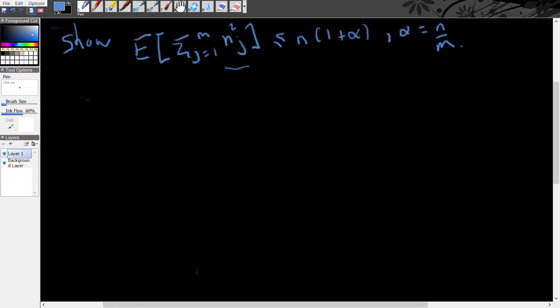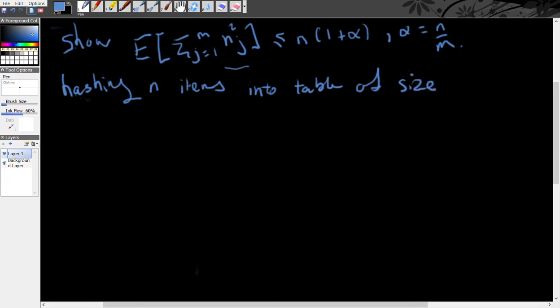Okay, so we're hashing n items into a table of size m.